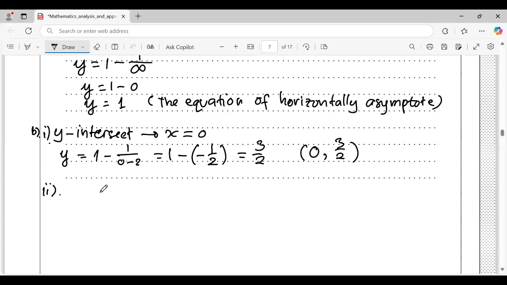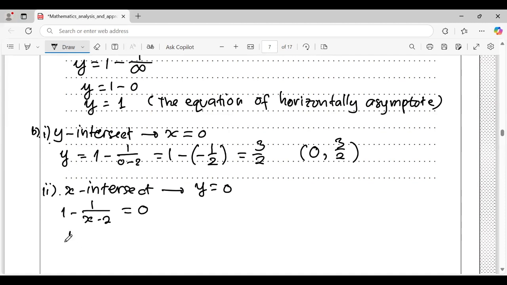Part 2. To find the intersection on the x-axis, we need to set y equals 0. If y equals 0, this equation becomes 1 minus 1 over x minus 2 equals 0.